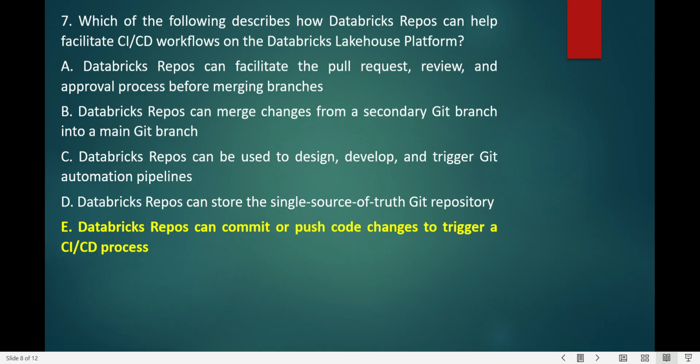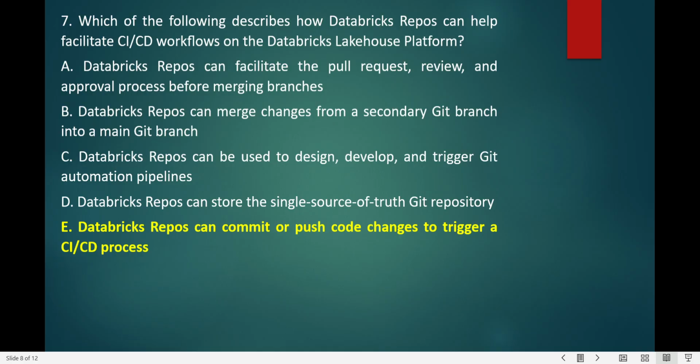What does CI/CD mean? CI, continuous integration, automates merging new code and testing it, for example notebooks and pipelines. CD, continuous deployment, means automatically deploying code to production environments. Databricks Repos don't run pipelines themselves but enable Git based workflows, which in turn trigger external CI/CD tools.